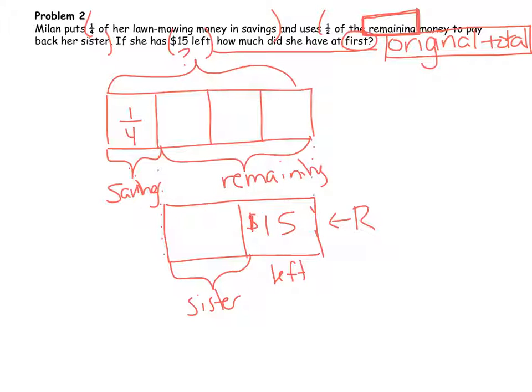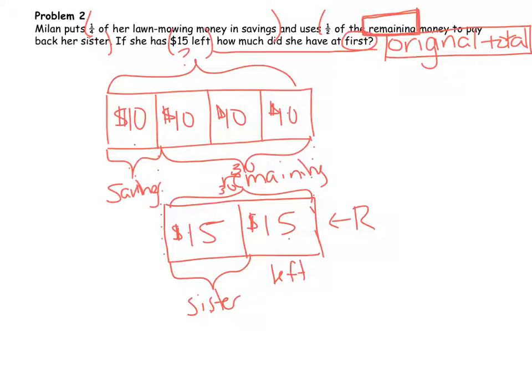So if the sister's getting half and the other half is 15, I know that the sister's getting 15 bucks. So I know the remaining is equal to 30. So 30 into 3 boxes would be $10. And if I know these are all fourths, then the savings is equal to $10.